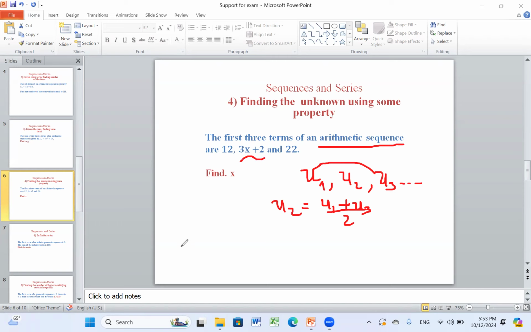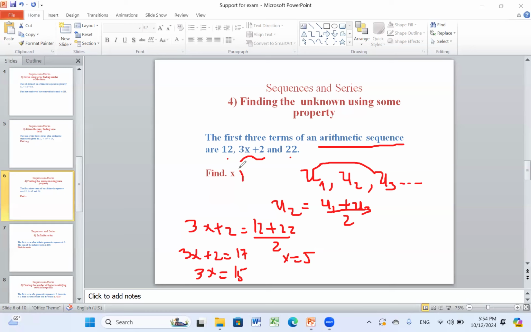So in this case, 3x plus 2 should be equal to 12 plus 22 divided by 2, because we are given here the first three terms. So this is U1, this is U2, this is U3. So obviously 3x plus 2 equals 34 divided by 2, which is 17. 3x equals 15 and x equals 5.